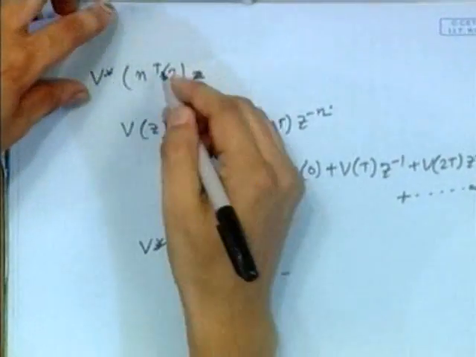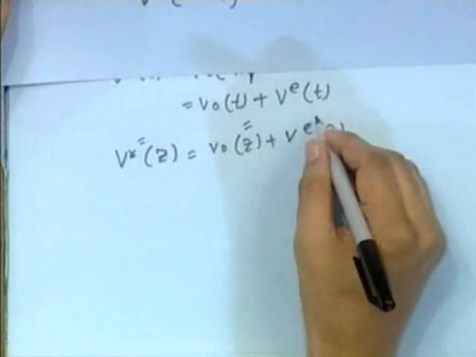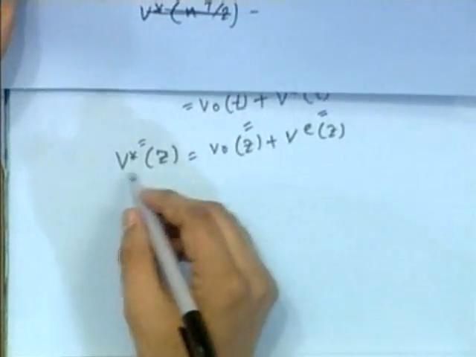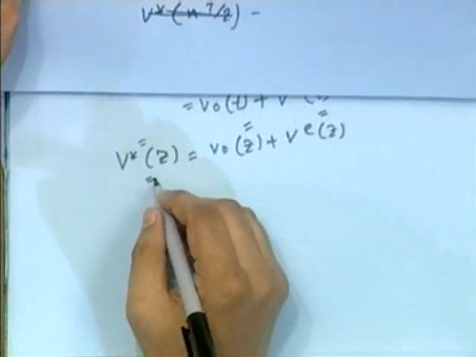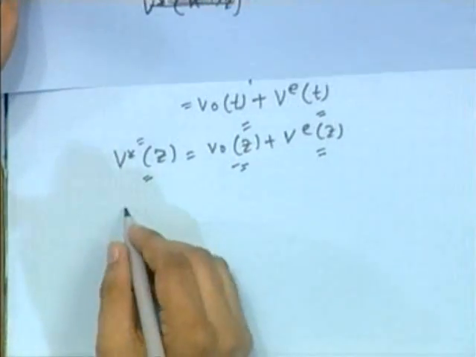This is the way we get the Z transformation. Now if this signal is equal to this signal plus this signal, we can have the Z transformation of V star (z) equal to the V odd function of this one plus this one.